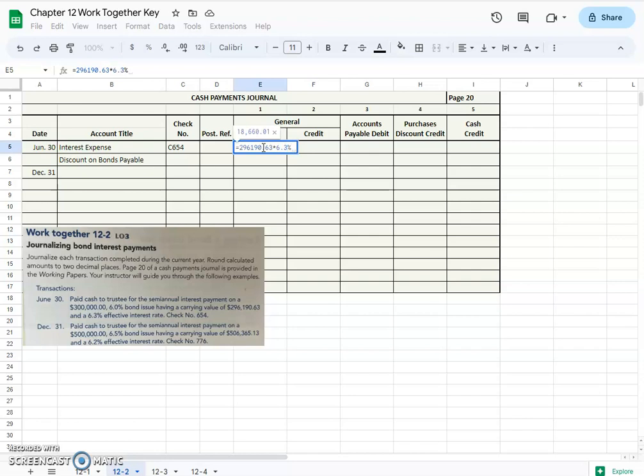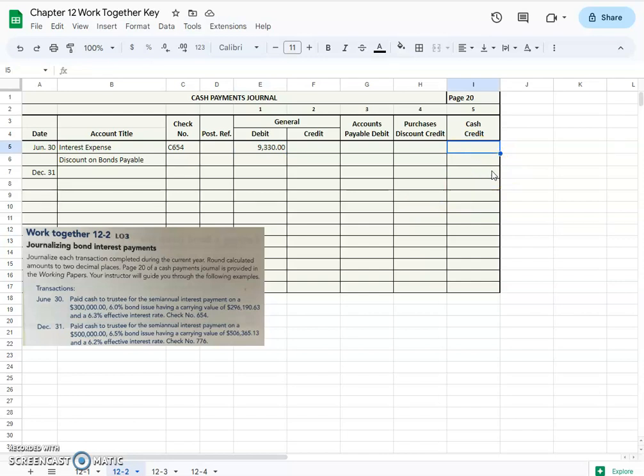And then we'll take that times the portion of a year, or the time. So it's a half a year, so we'll just go 0.5. And that gets you to $9,330 interest expense, okay?